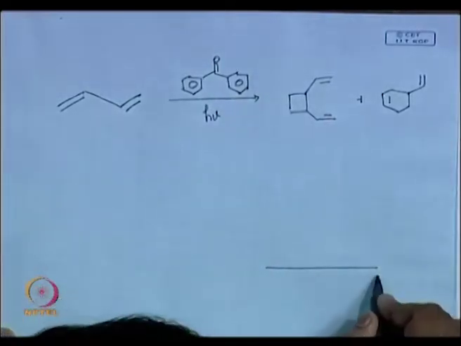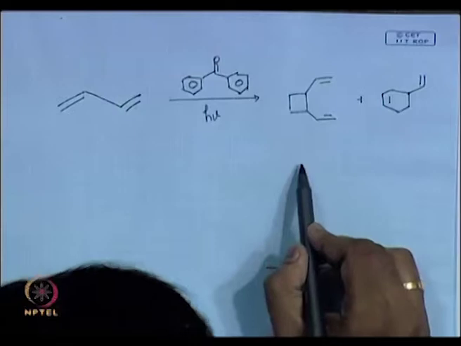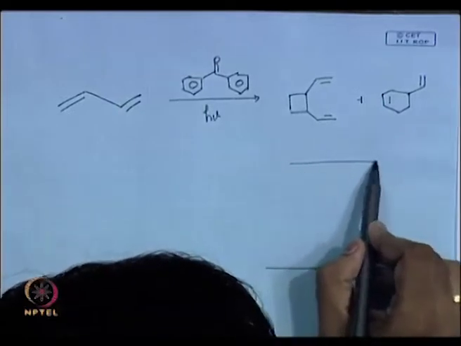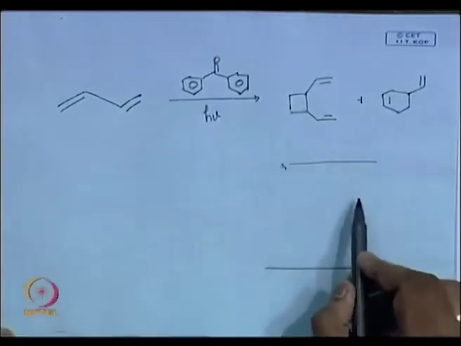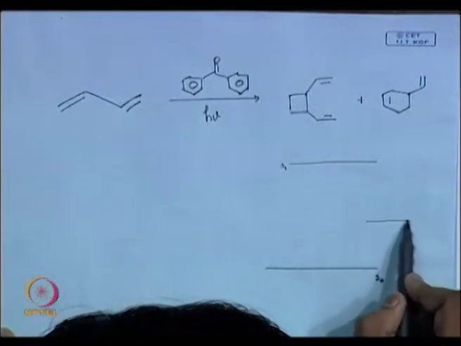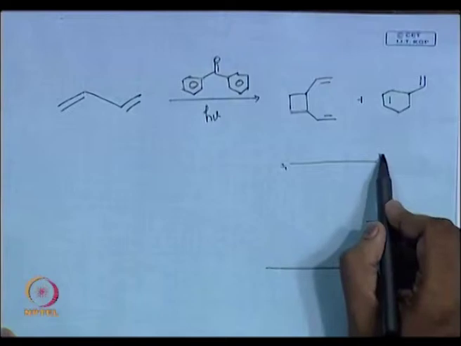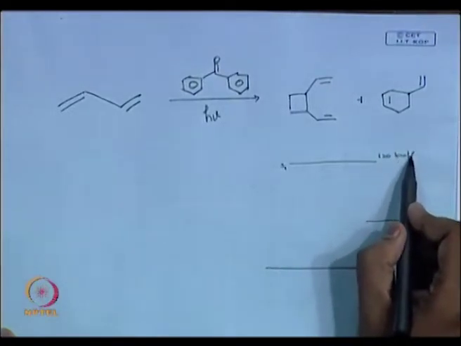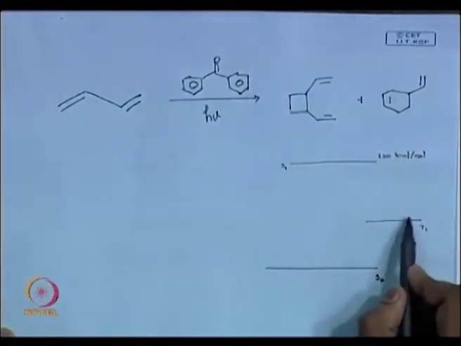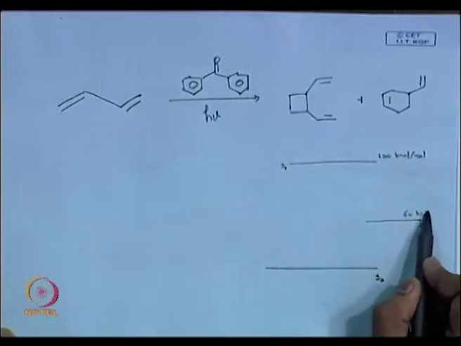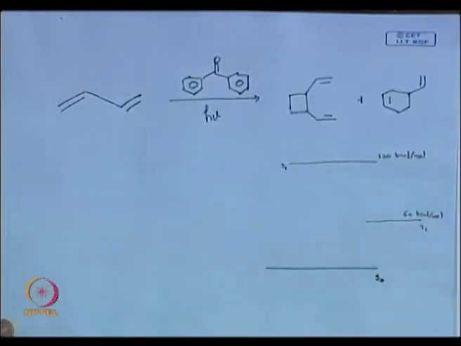Butadiene ground state is 0. The singlet is 120 kilocalories per mole and the triplet will be 60 kilocalories per mole. So 0, 120 and 60 for butadiene ground state, singlet and triplet.